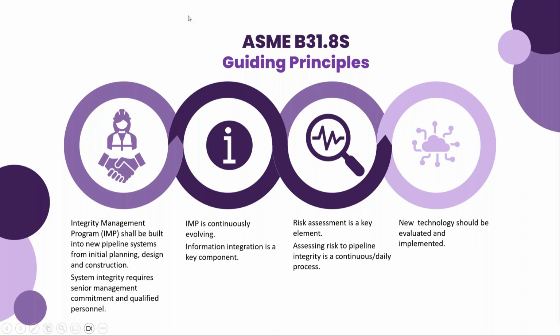Integrity management is continually evolving. Information integration is the key component. Integration. You know, I heard that word back when the integrity rule came out in 2003, and we're still not truly integrated. Maybe AI will begin to bring it together.